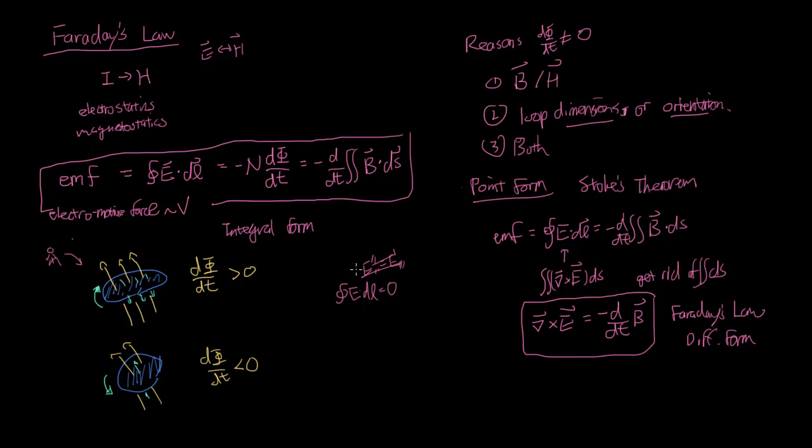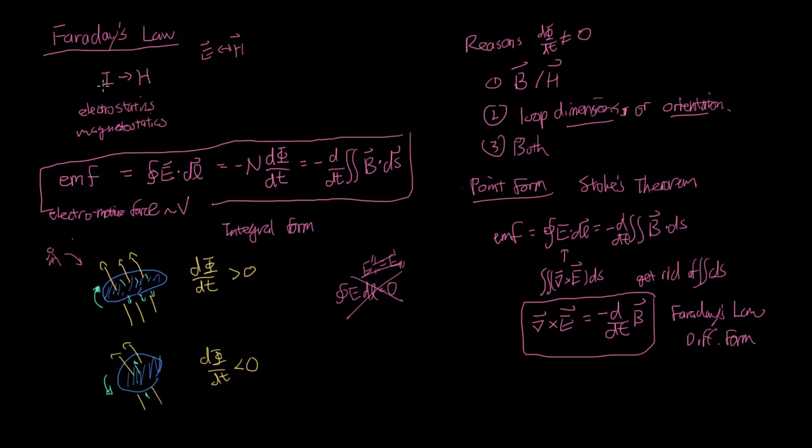And so this is not necessarily incompatible with what we're learning now. It's just because we're talking about electrostatics, that means in magnetostatics, the field does not change with respect to time, so this is 0. But in reality, if we are not bound by purely electrostatic and magnetostatic situations, then situations like Faraday's law will come into effect.